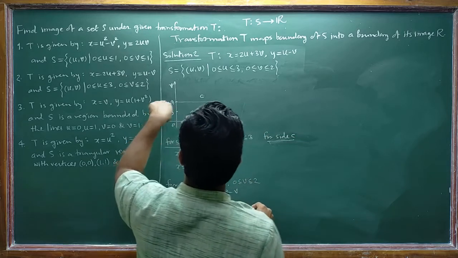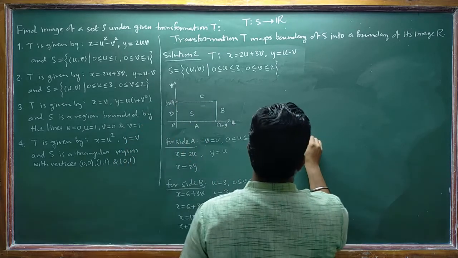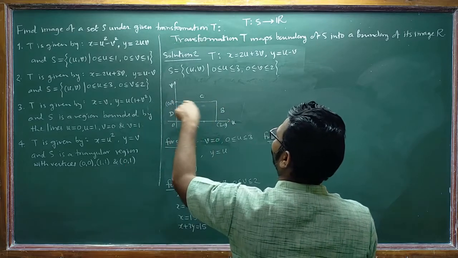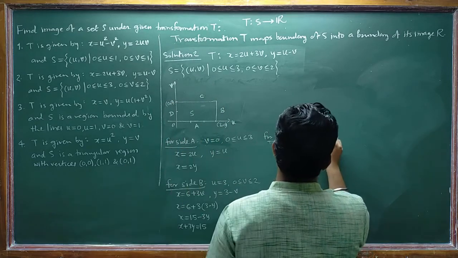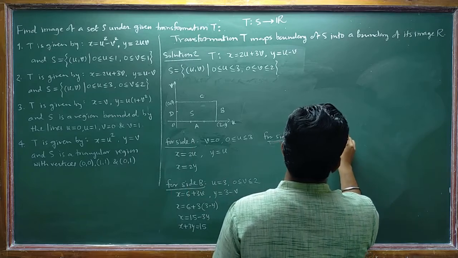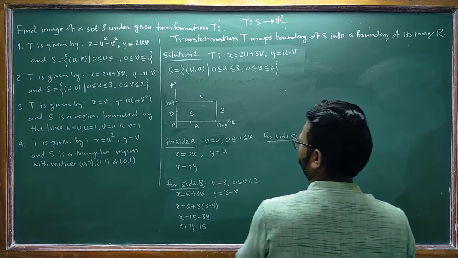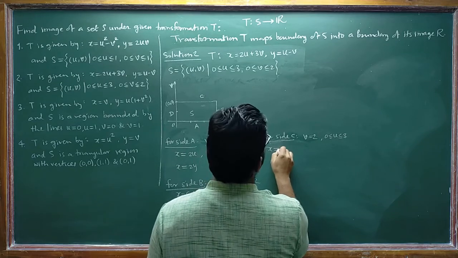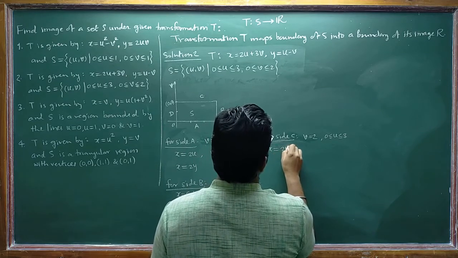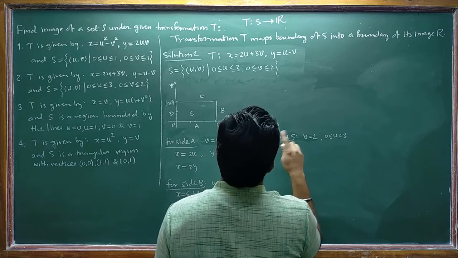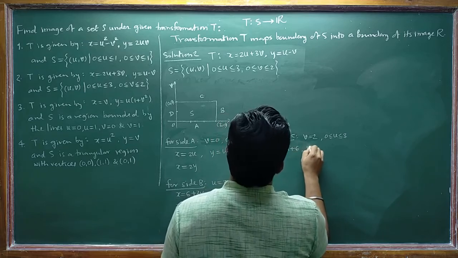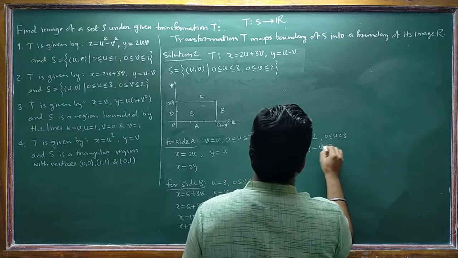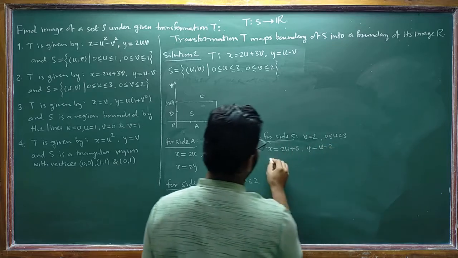Next, for side C, the equation is v equal to 2, and for this side u varies from 0 to 3. Okay. So what happens to the equations? X is 2 times u plus 3 times v, so it is 2u plus 6. Y is u minus v, v is 2. So eliminate u from these two equations.